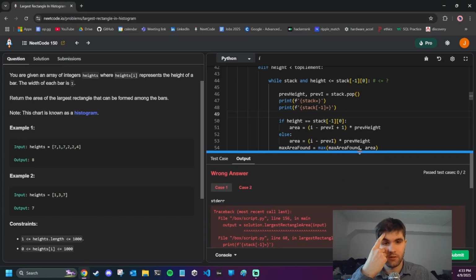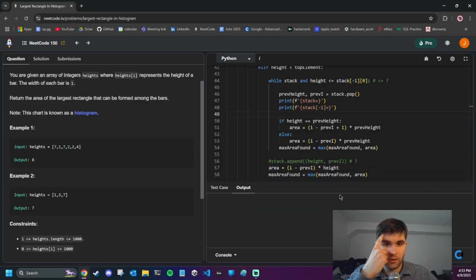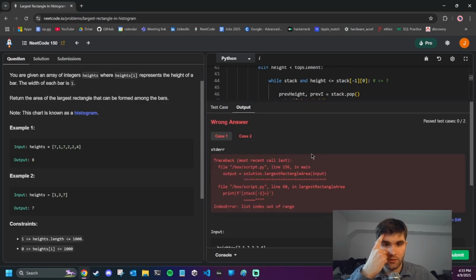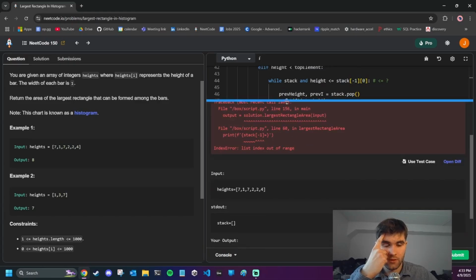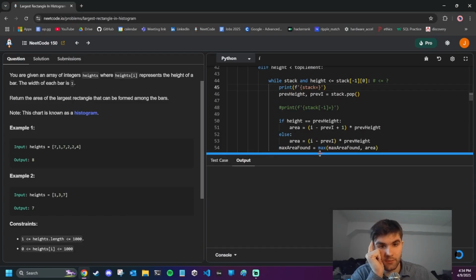I see. So I should just say previous height here because I already popped. Yep, that makes total sense. So that bug is fixed. I don't know if that was the only bug.